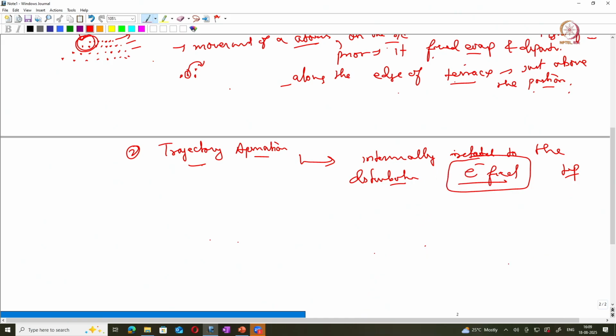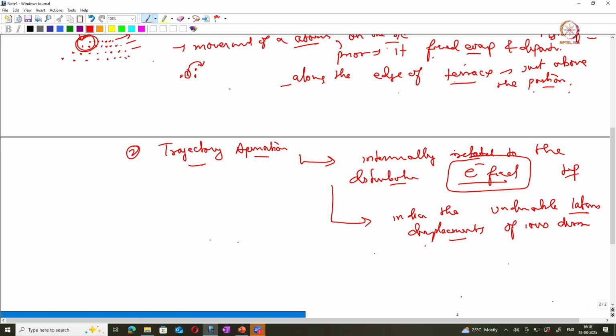Okay, what happens is that it induces undesirable lateral displacements of ions during any instant of their flight.